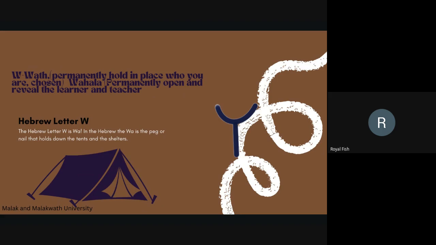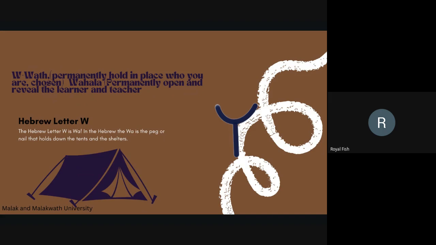So our Wa is a very mighty spirit. And I literally love the whole Hebrew alphabet. Y'all gonna hear me saying it a lot. Okay, so Wa is to permanently open and reveal the learner and teacher, or to show, to keep on revealing who you are.